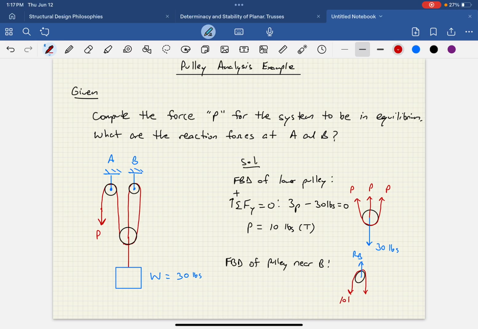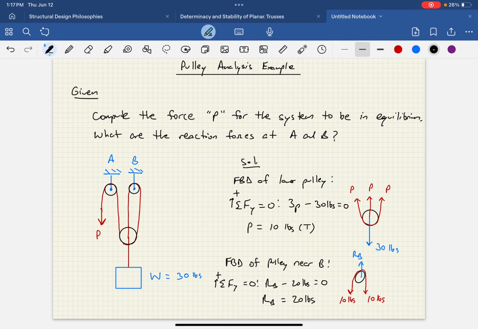So that's 10 pounds and 10 pounds. So here if we say sum of the forces in the y direction equals 0, then what am I going to have? Well, I'm going to have RB minus 20 pounds equals 0. And then RB equals what? RB is going to equal just 20 pounds.